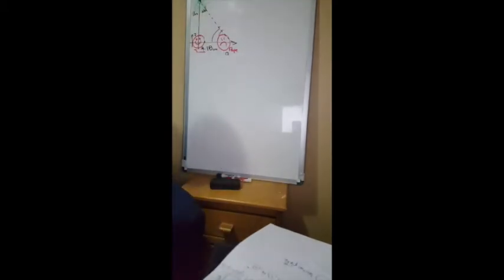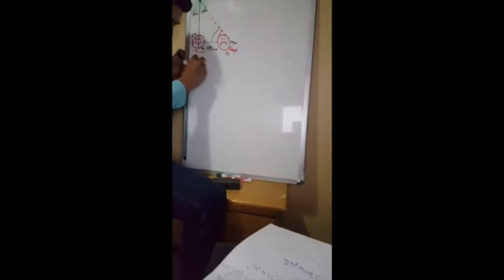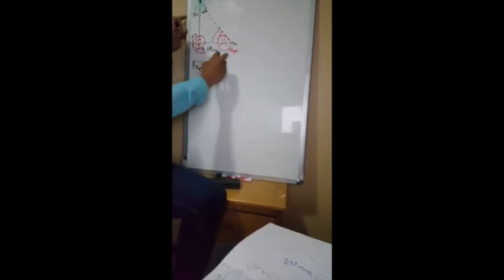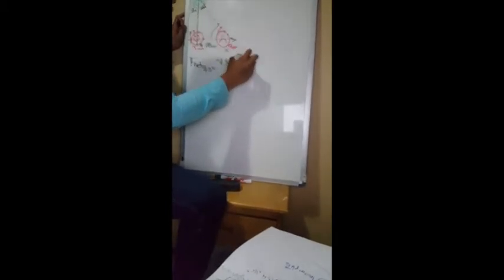I think the last is we have to put the net force on Q3. This one equals 4.588 times 10 to the minus 5.